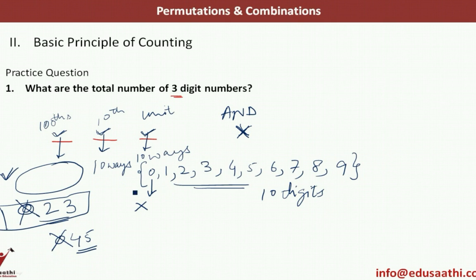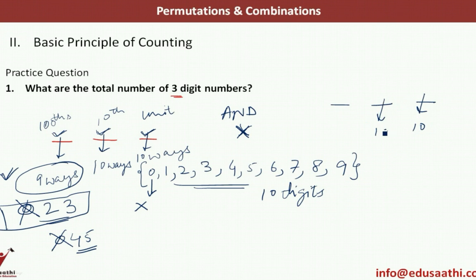Rest all of the digits I can have: 1, 2, 3, 4, 5, 6, 7, 8 or 9. So the hundreds place can be filled up in only 9 ways. So what are the total number of 3-digit numbers that we need? Let me draw a figure here again. We had 3 spaces. This units place can be filled up in 10 ways.